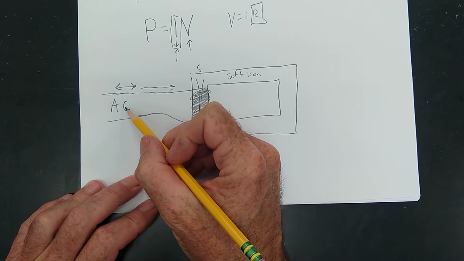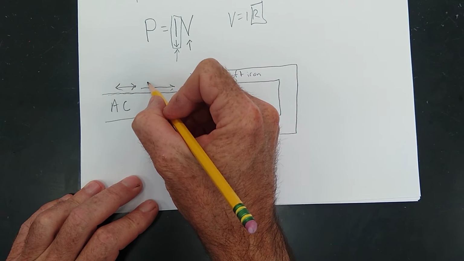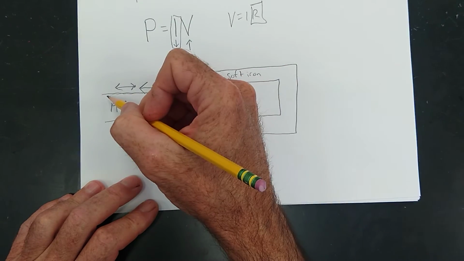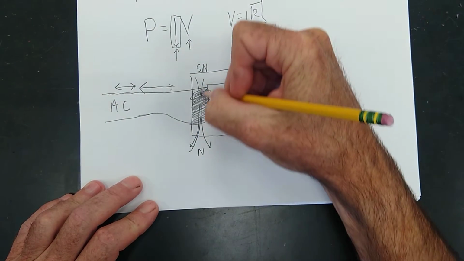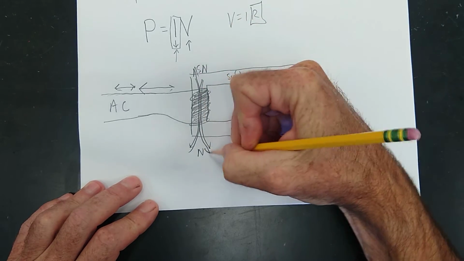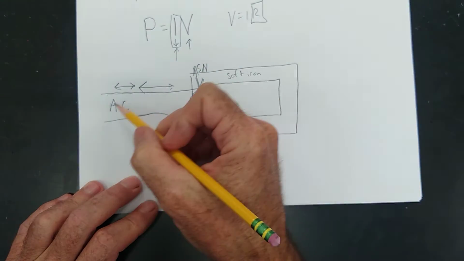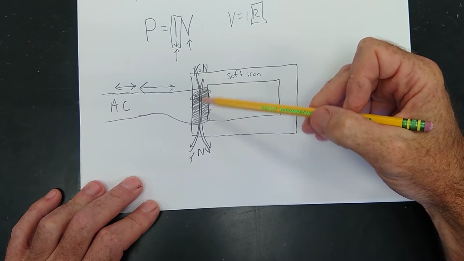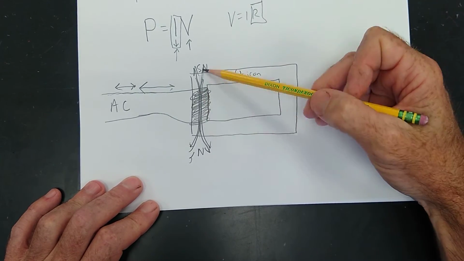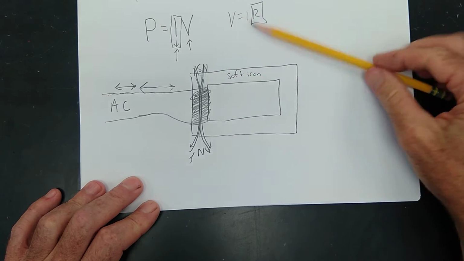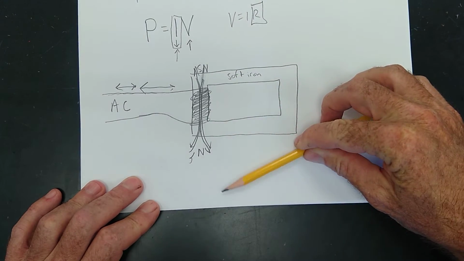But since we're using AC current, just a second later, the current's going the other way. So now it would flip-flop and the north would be up here and the south would be down here. So now if we have an AC current, we know that a magnetic field is moving forward and backwards through this coil. It's no different than moving a magnet past the coil.